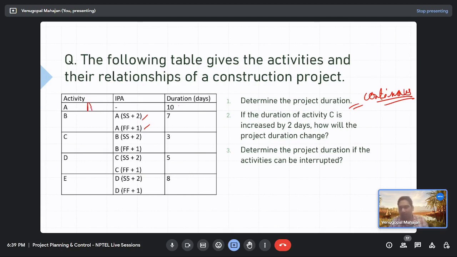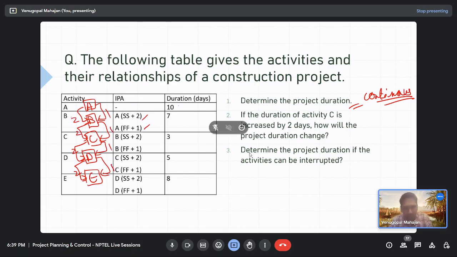It looks like A, B, C, D, E. This is how this network looks like, right? You all agree this is how the network looks like? So let's try to solve it for continuous activities.